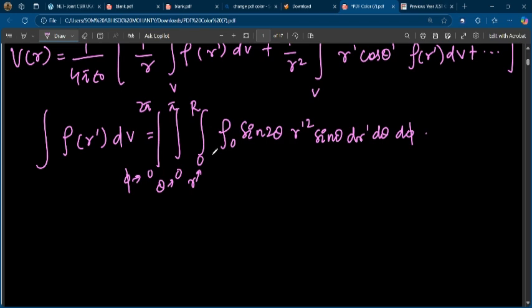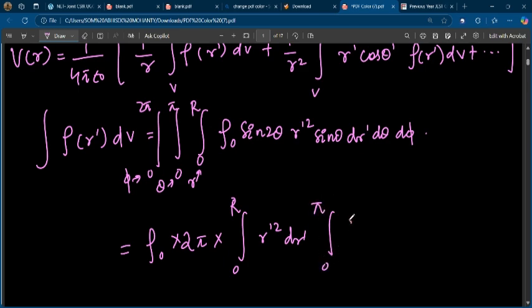So rho naught is a constant, it goes out. What integration is left? For phi, it becomes integral of 2 pi d phi. Then integration 0 to r of r dash square dr dash, and 0 to pi of sine 2 theta into sine theta d theta.